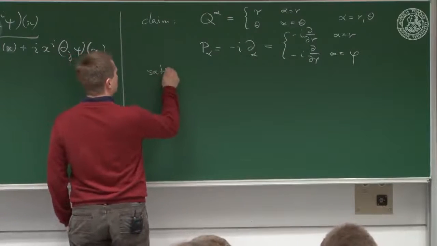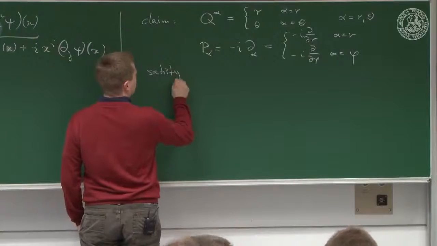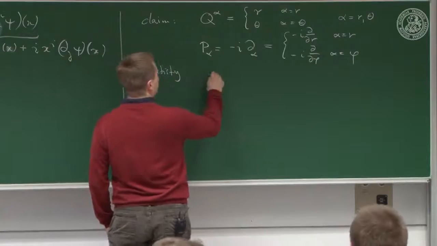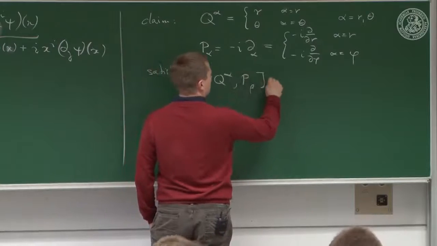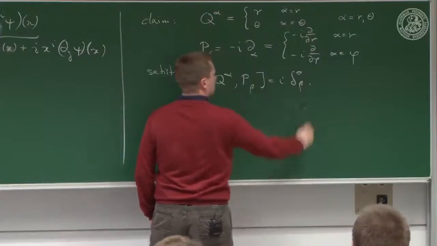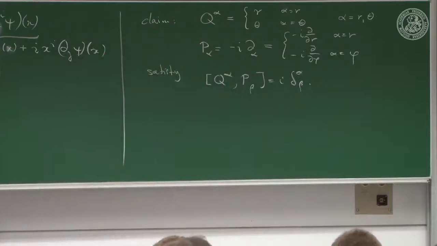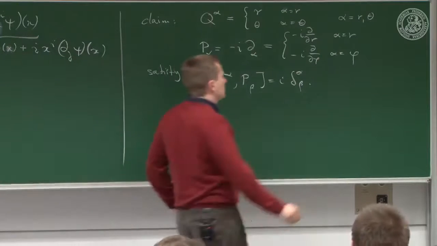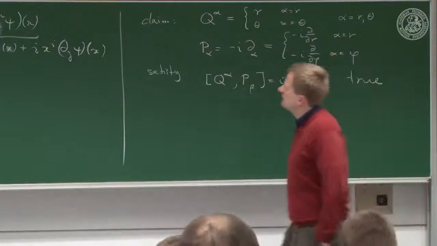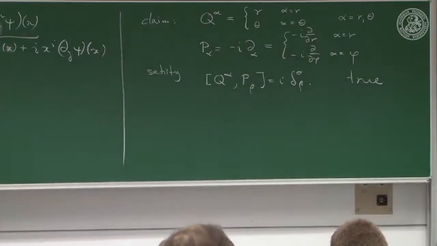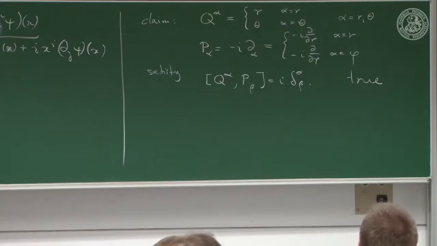I claim that these satisfy the commutation relations: Q alpha, P beta is i delta alpha beta. And you can calculate this, and it's correct. Of course it's true, because the only thing I'm using here is that if I derive one coordinate with respect to itself, I get a 1.